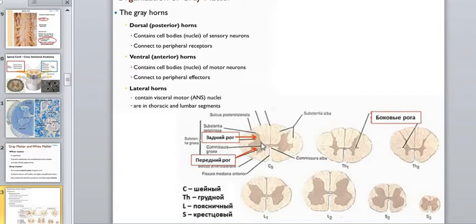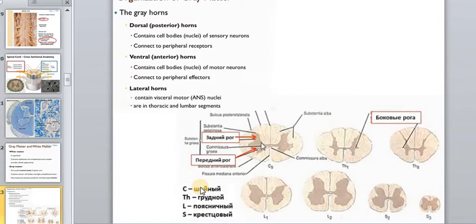The cell bodies of alpha motor neurons presented in the anterior gray column control the activity of skeletal muscles. The posterior gray column receives sensory information from the sensory receptors present in the skin, bones and joints. And the lateral gray column is involved in the sympathetic activity in the central nervous system.